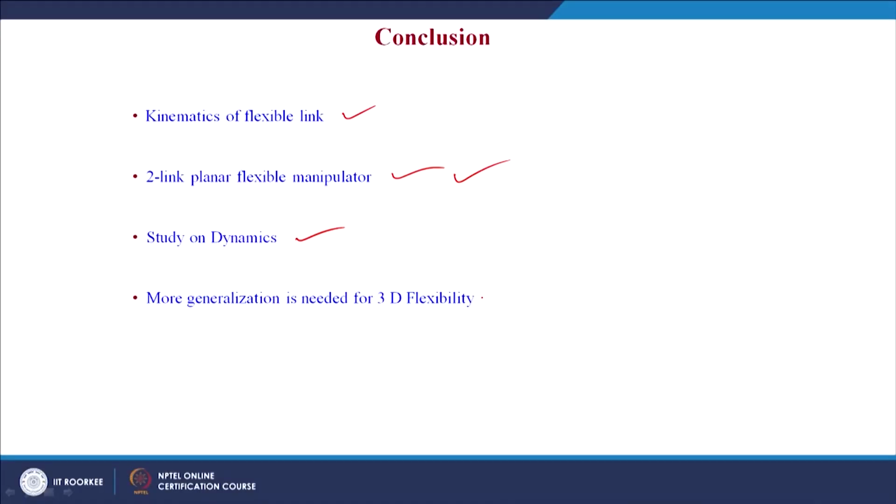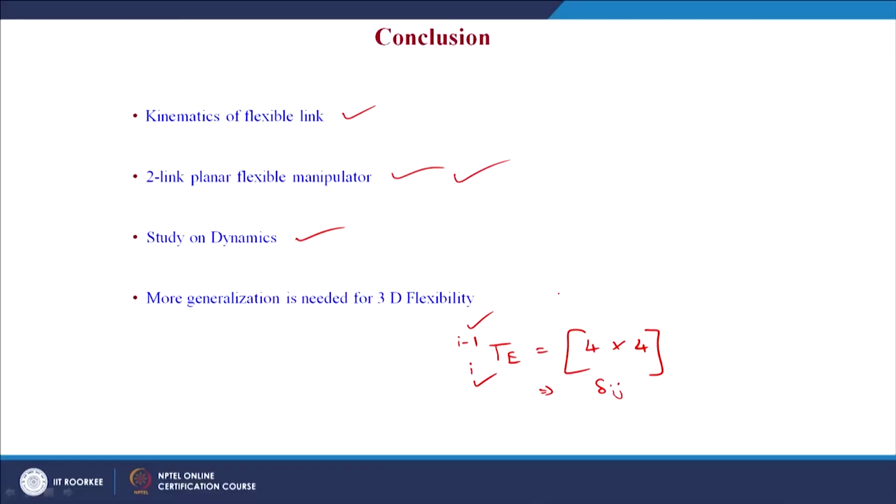We have seen in this study only planar motion of the flexible manipulator, but a more generalized way will be studying the 3D flexibility, so that we can have the general homogeneous transformation matrix between the frames i minus 1 and i for a flexible link connecting them.